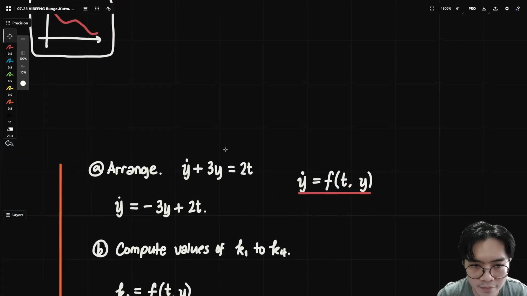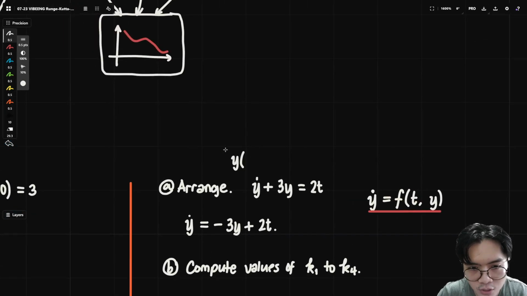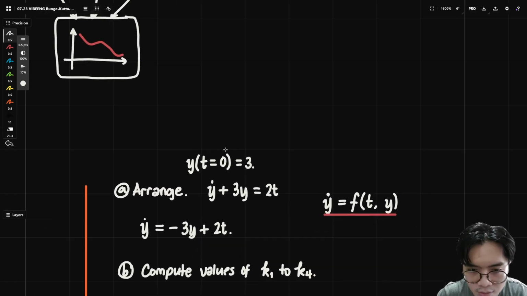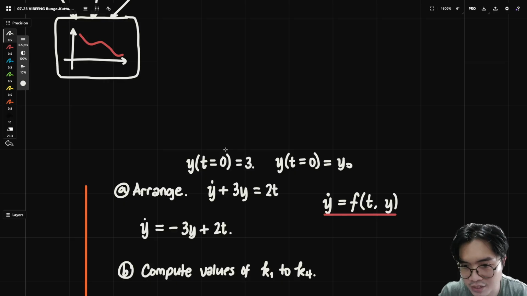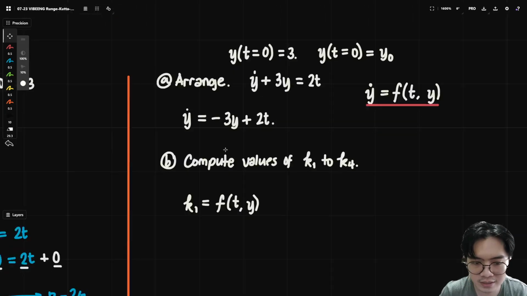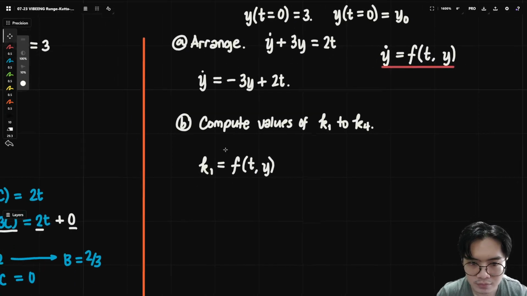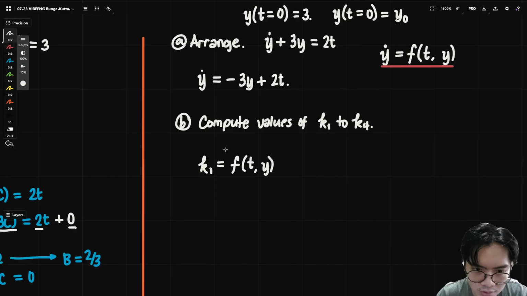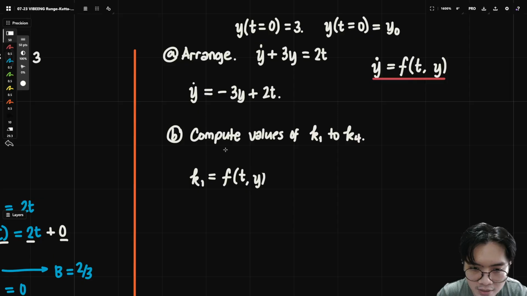If you guys remember, ang sabi natin, your y at time of 0 will be 3. So usually, ang pagsusulat dito is that your y at time of 0 will be your y0. Now, we will compute these values. So sabihin natin, try natin.